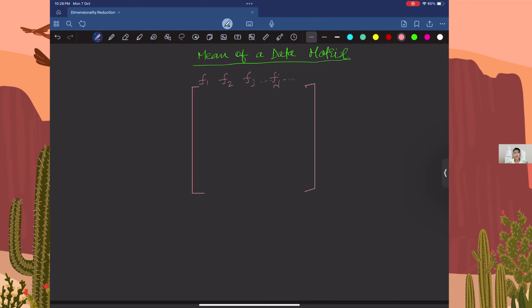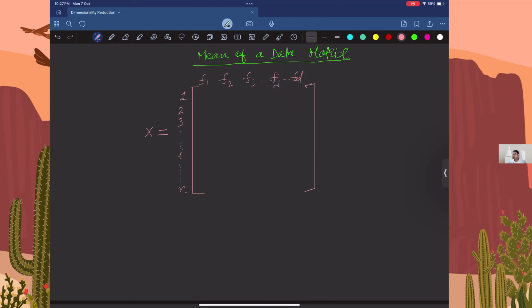And let's suppose there are D columns, so this is my FD. This is a data point; I'm writing data points as 1, 2, 3, and so on. This is my ith data point and this is my nth data point. I'm giving the representation X to this data matrix.